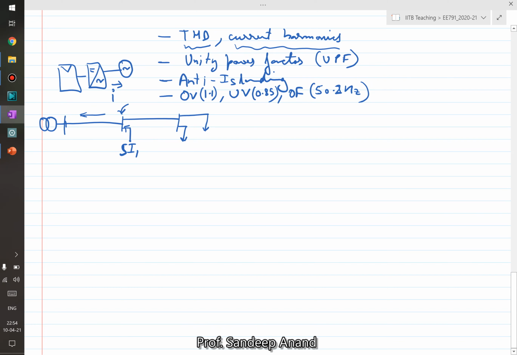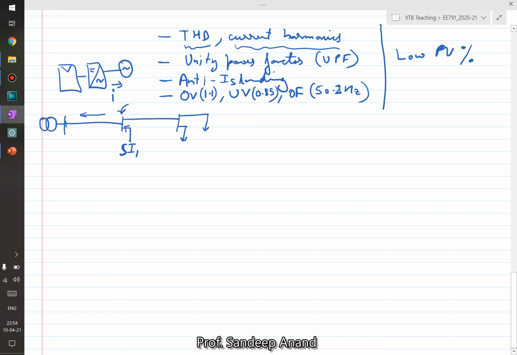Over time, these things were good, as we discussed, if it was a low penetration system, with a low PV percentage compared to the total generation capacity. But over time, that has not remained true.